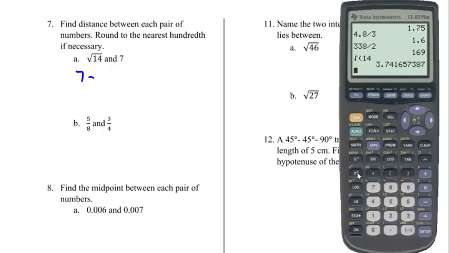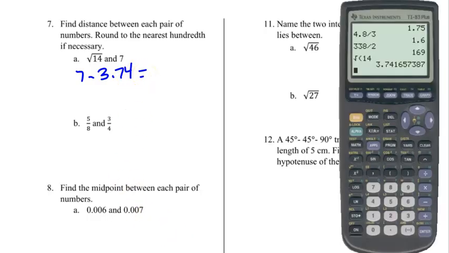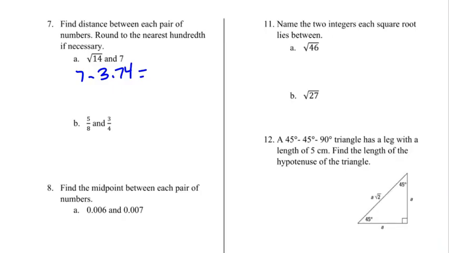I'm going to round to the nearest hundredth first, so that would be 3.74. And 7 minus 3.74 would give us an answer of 3.26. So it's always going to be the biggest number minus the smallest number.